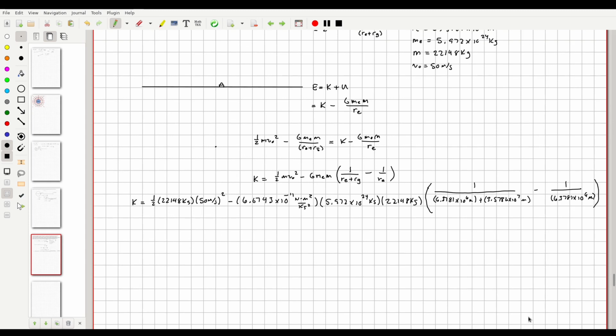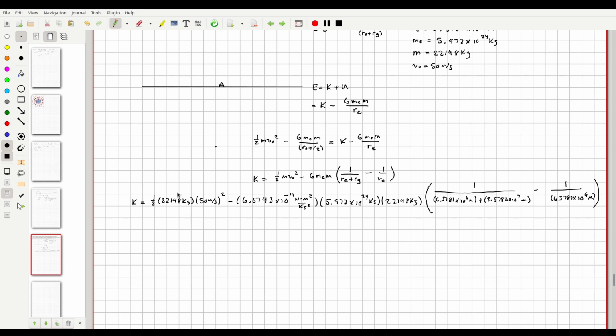So what I'm going to do is I'll do this in parts. I'll do the first part, which is just the kinetic energy. And, whoops, that's a mistake. That should be times.